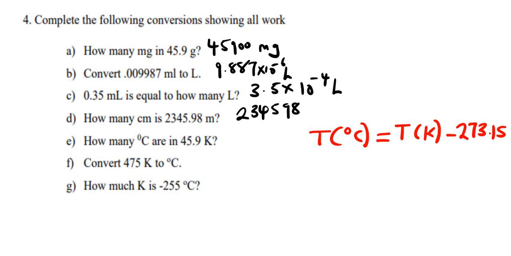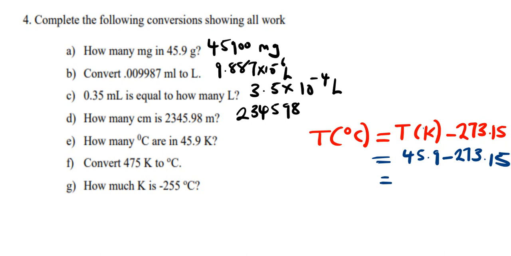So now that we've got this, what are we going to do? We're just going to replace to get our degrees Celsius. Now the opposite is true if they told you to convert to the other one. If you know this one, you can manipulate it the way you want. So the temperature in Kelvin we've been given is 45.9. So we're going to write 45.9 minus 273.15.